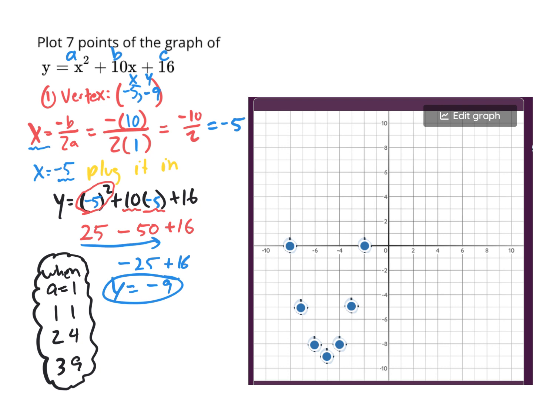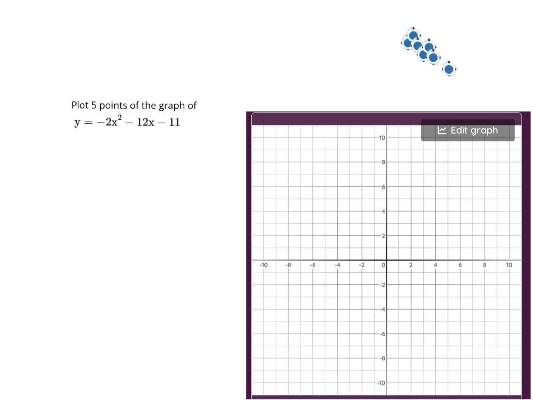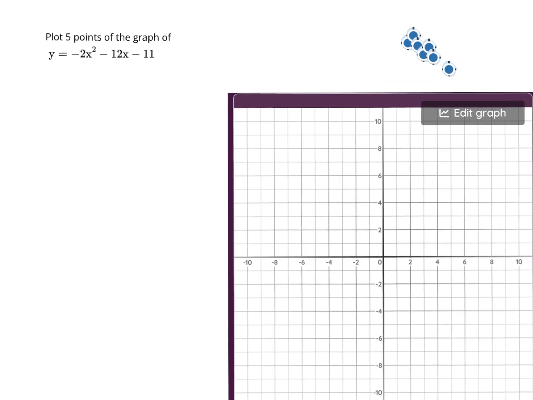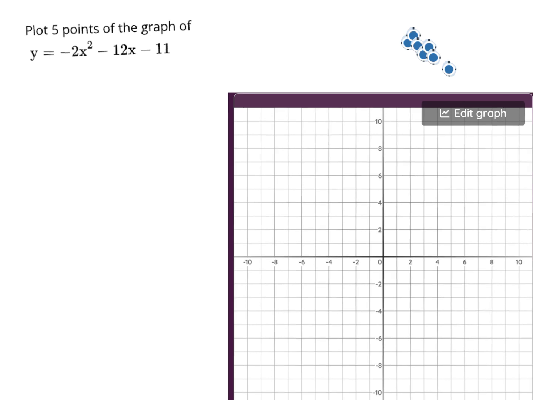Make sense? Cool. So what happens when your A value is not 1? Let's take a look at this one right here. So, once again, we always begin with the vertex, which is a coordinate, right?